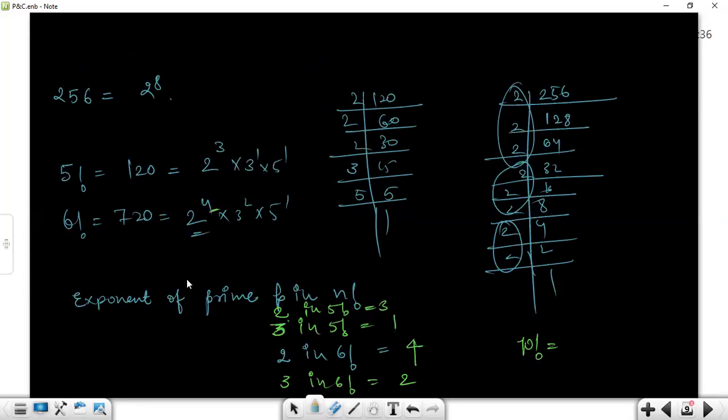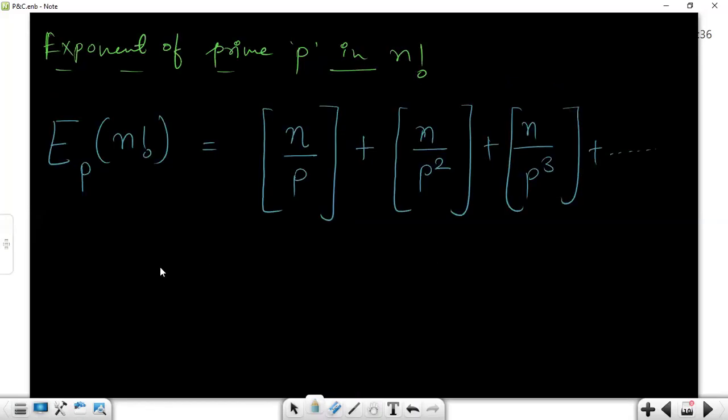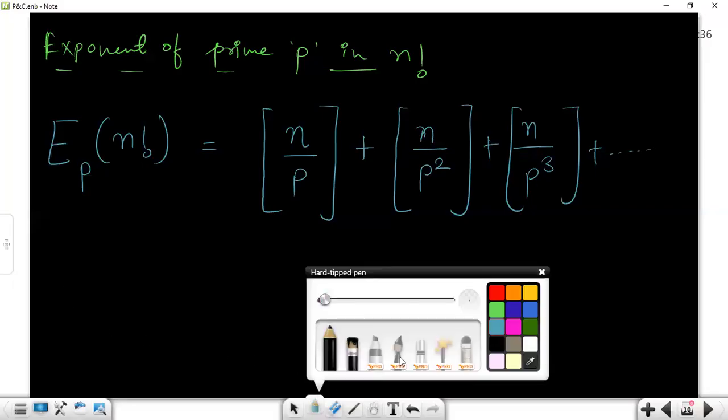So we had taken an example of exponent of 2 in 6 factorial. Let's try to find out this. So this is for example purposes.